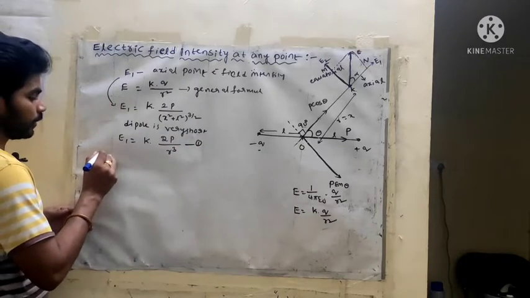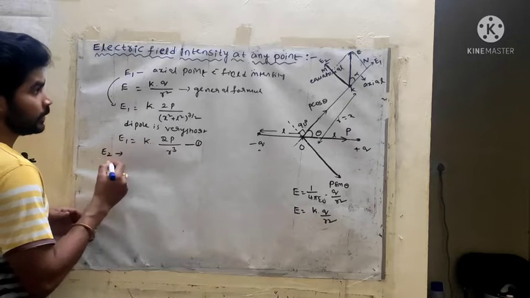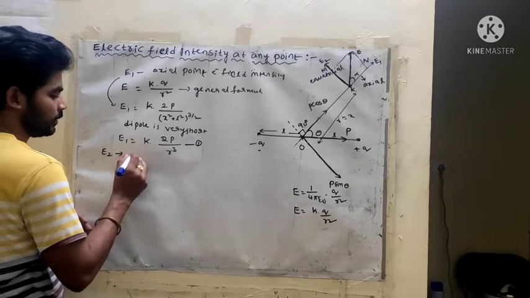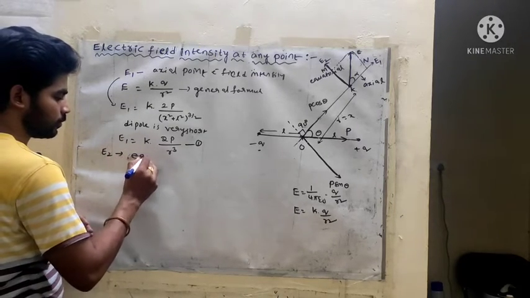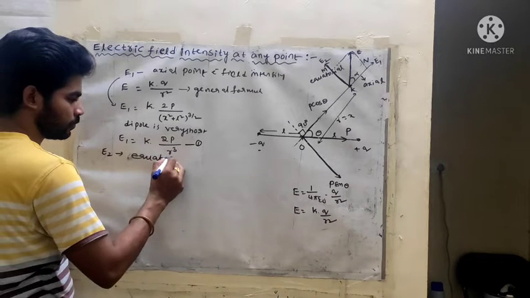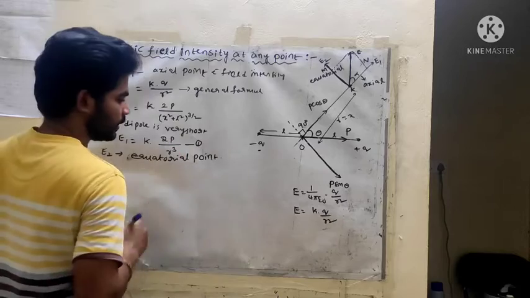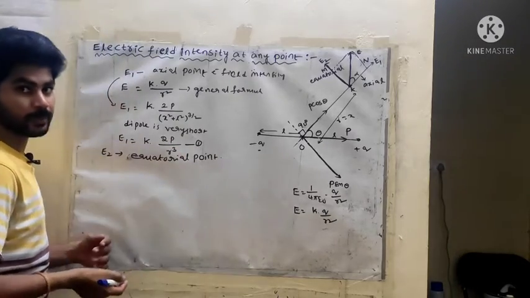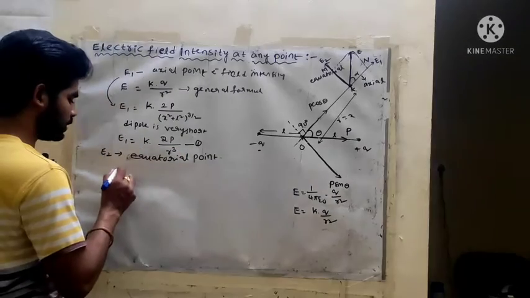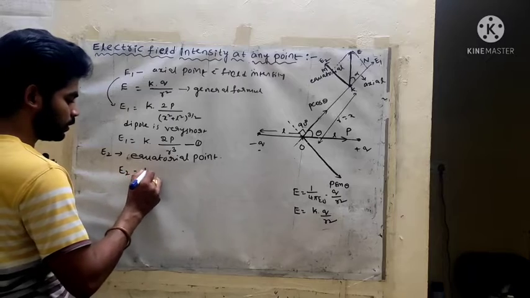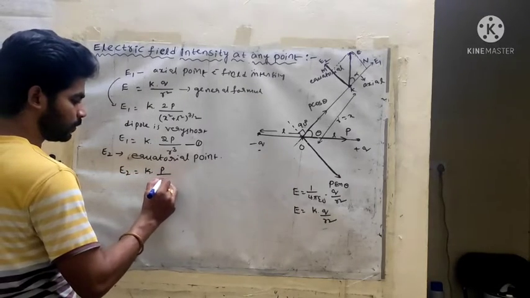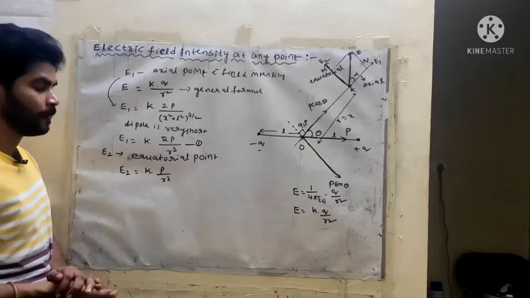At the equatorial point, E2 is, from what we just discussed, the formula E2 is equal to k into p by r cube.